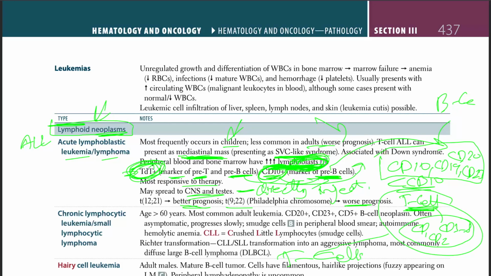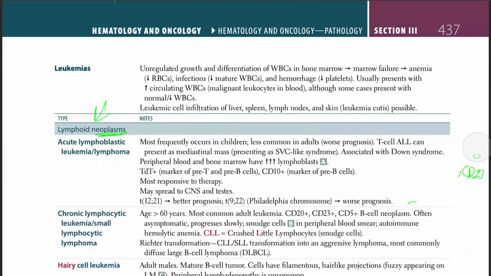So if they were to mention CD1 is positive, then I'm going to think about T cell, and call it T cell ALL. And if it is a B cell, more than CD10, I will call it B cell ALL. If you don't want to remember that, that's fine. That's an extra tangent. But whatever the first it has, that is pretty good to remember if you can. Okay, so that's all about ALL.